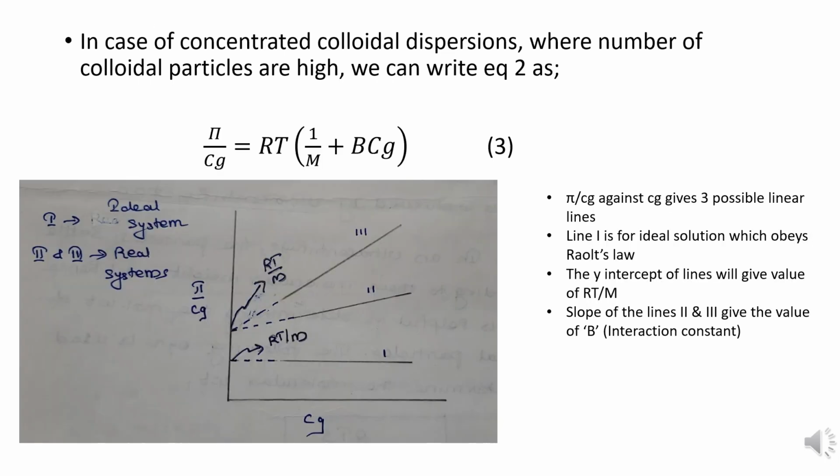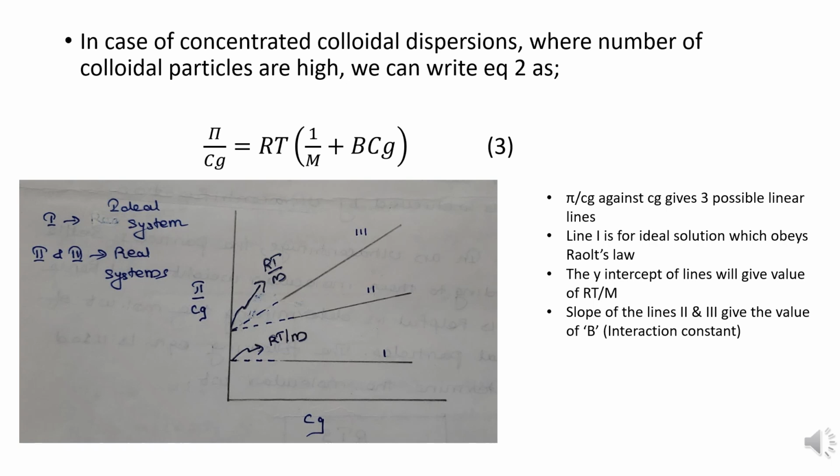In case of concentrated colloidal dispersions, where the number of colloidal particles is high, we can write the above equation as pi by Cg is equal to RT into 1 by M plus B Cg. So here pi is the osmotic pressure, Cg is the concentration of colloidal particles, R is the gas constant, T is the absolute temperature, M is the molecular weight of colloid, and B is the interaction constant.